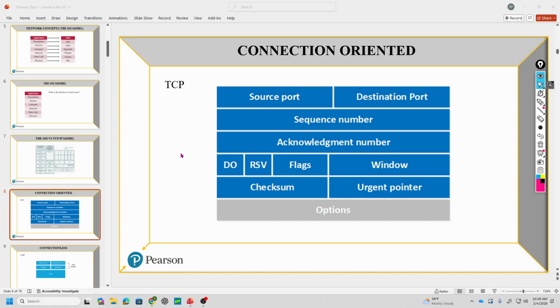If they do not match, it will drop it and then ask for another one. And then, of course, there's an urgent pointer, depending on if you have quality of service and things like that configured, and then an option field, which generally is not used. That's why you see it gray. Now, you see all this information that's contained in that header.